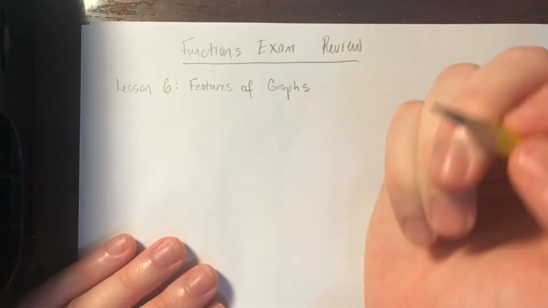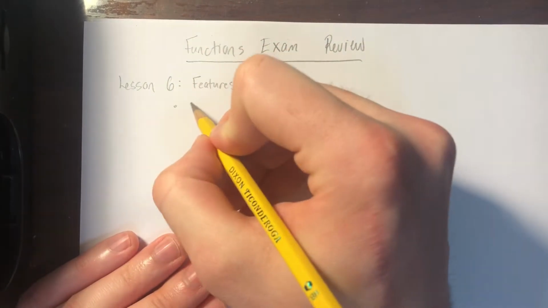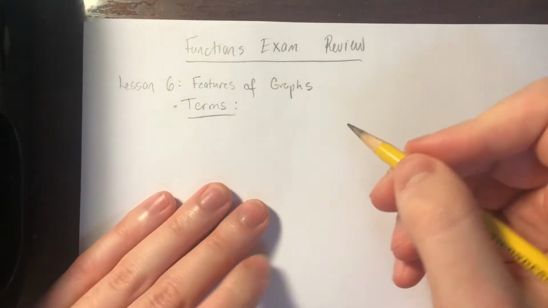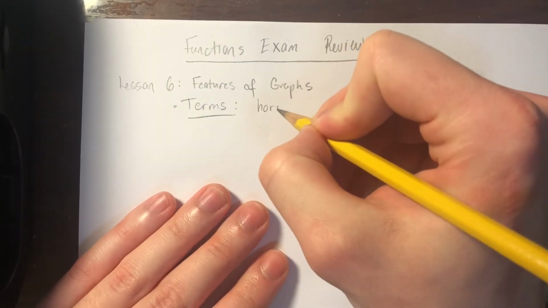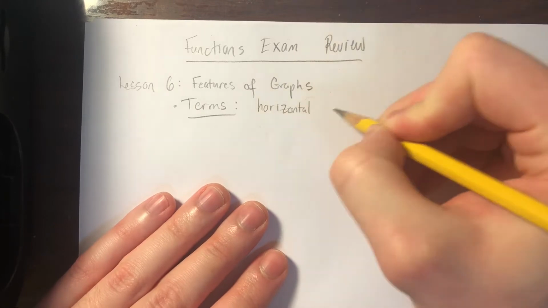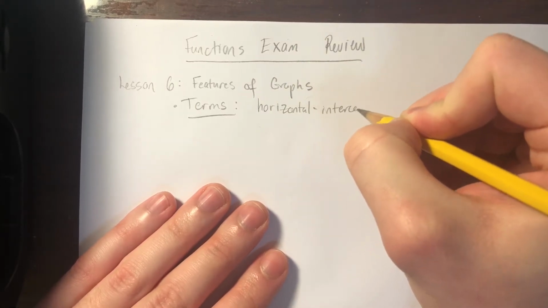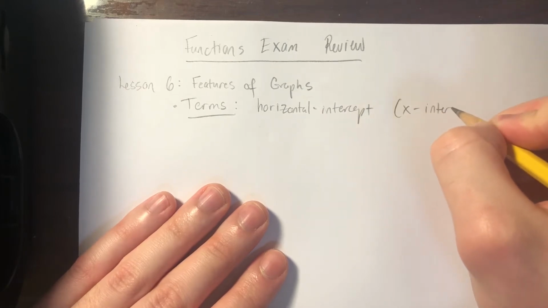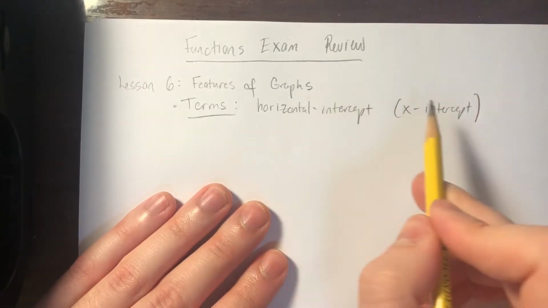Okay, so there's a few terms that you need to understand from this lesson. And most of these are review. The horizontal intercept, which we also know as the x-intercept. But you should be able to identify both, right?